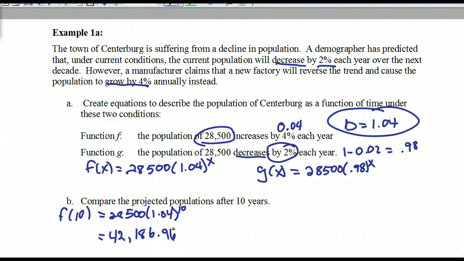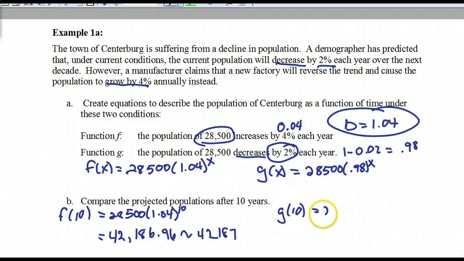Yeah. Okay. Should we round it up? Yeah, you can round it up. So it would be 42,187 because you can't have 0.9 of a person. Right. Okay? All right, the other one is going to be g of 10.